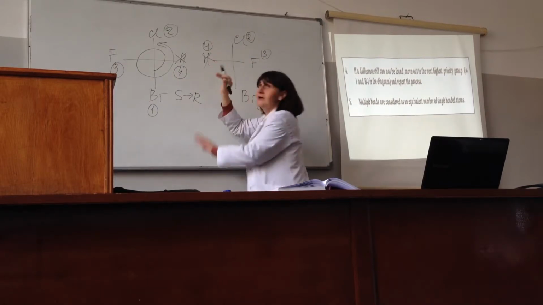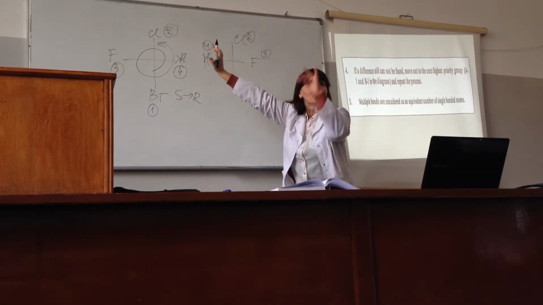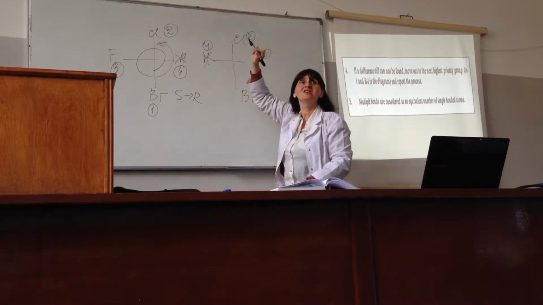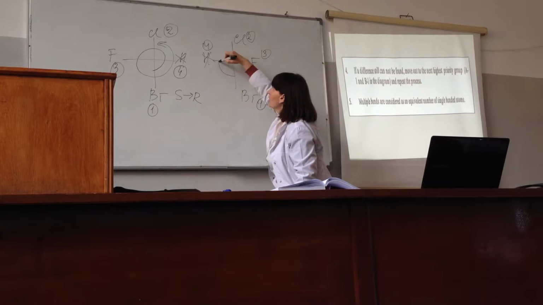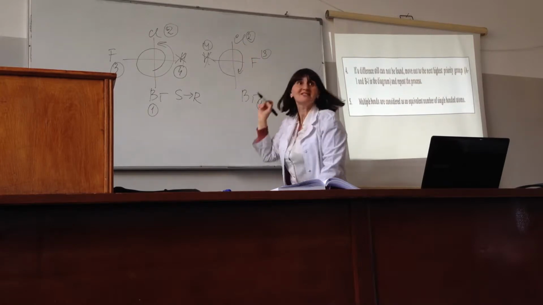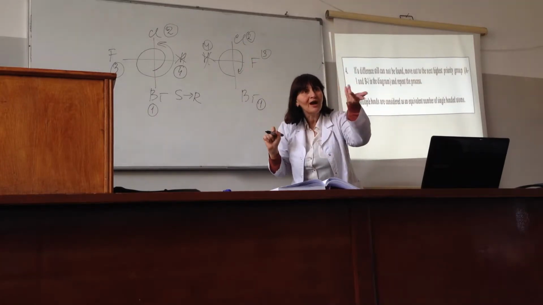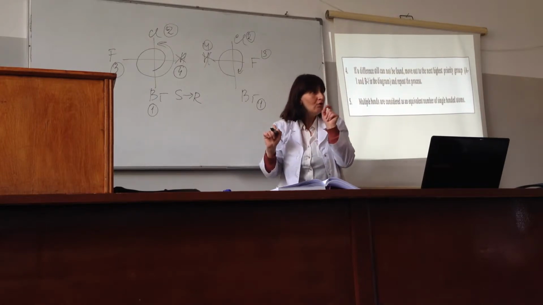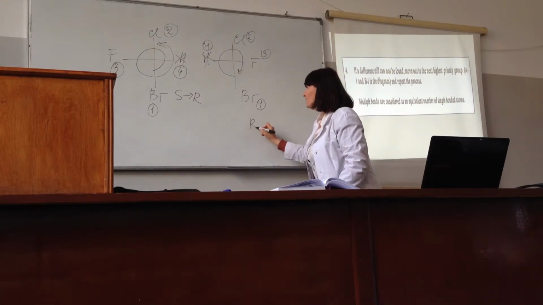Once again, omit your junior group and look how your priority decreases. In this case, clockwise, yeah? If your priority decreases clockwise, you have R configuration.